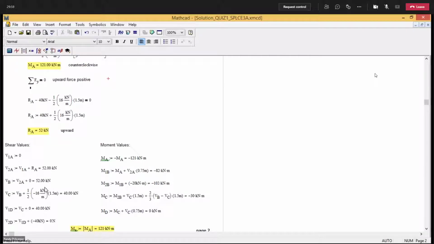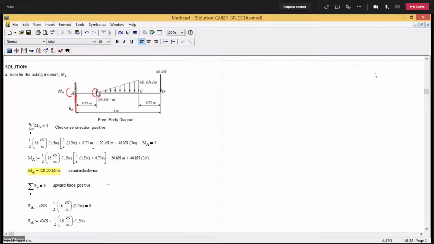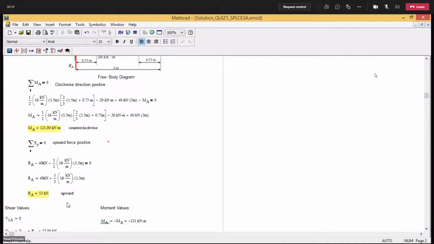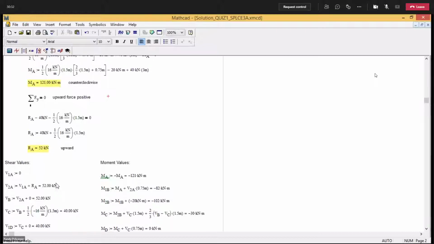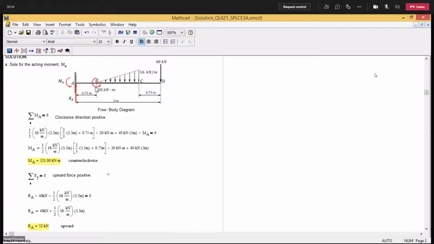And then, the next point will be B. In the area method, you need to get the area of the load on the beam between A and B. But there is none, so your area is 0. So your equation will be V sub B equal to your previous shear plus the 0 area of the load. So your shear is 52 again. This means from A to B, your shear is 52.